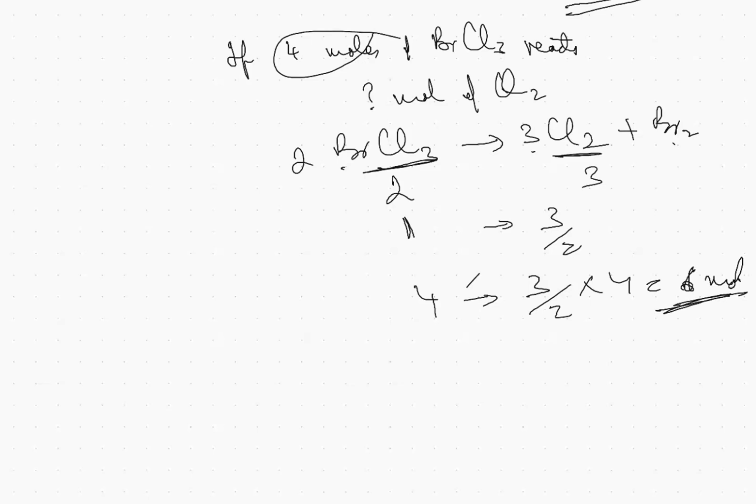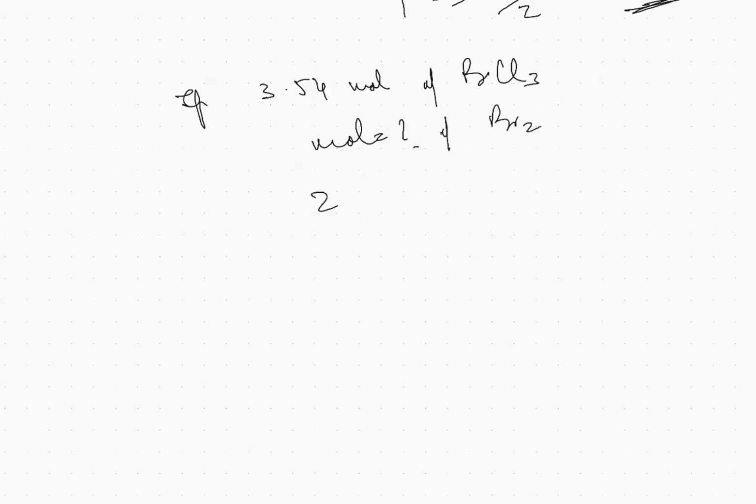Then the next one: if 3.54 moles of BrCl3 react according to the given equation, how many moles of Br2 are produced? So 2BrCl3 giving 3Cl2 plus Br2.